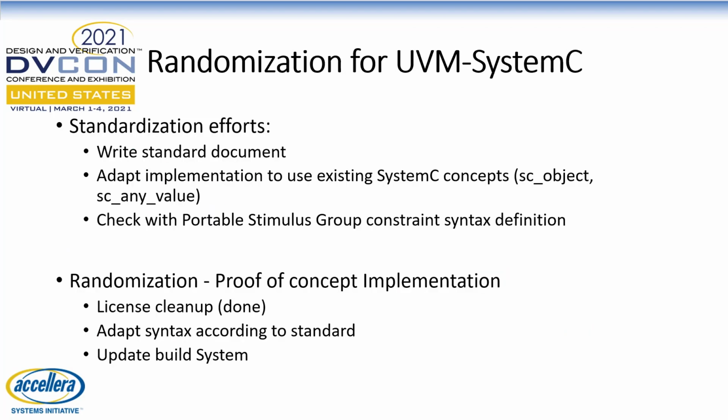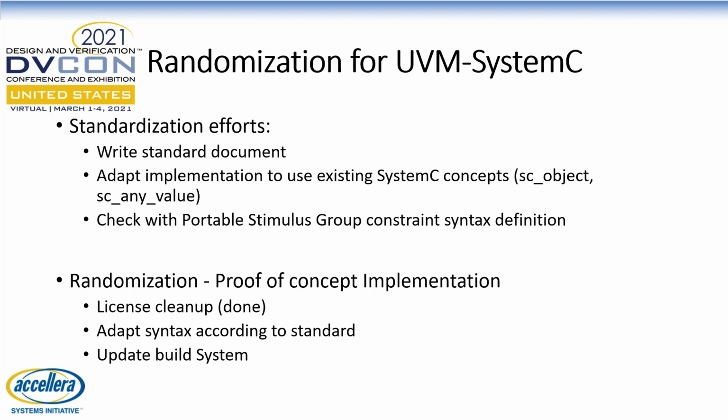So what is the current status of the integration of CRAVE into an accelerator standard? So as a working group, we are currently working on writing the standard document, and we are basically adapting the CRAVE concepts and making sure that they align with the SystemC concepts. This means, for example, building object hierarchies.